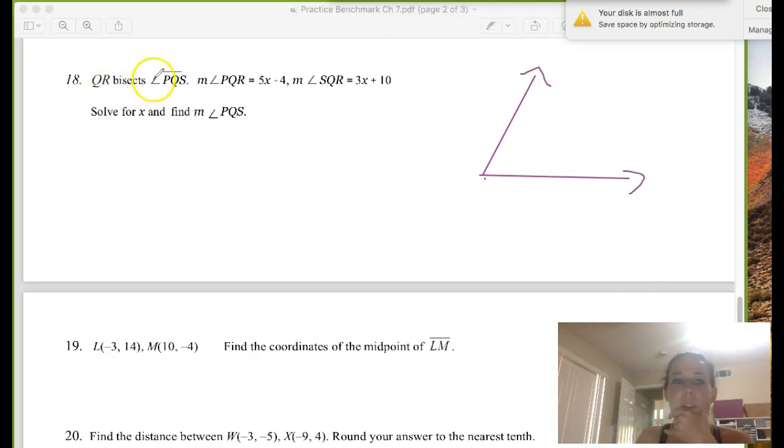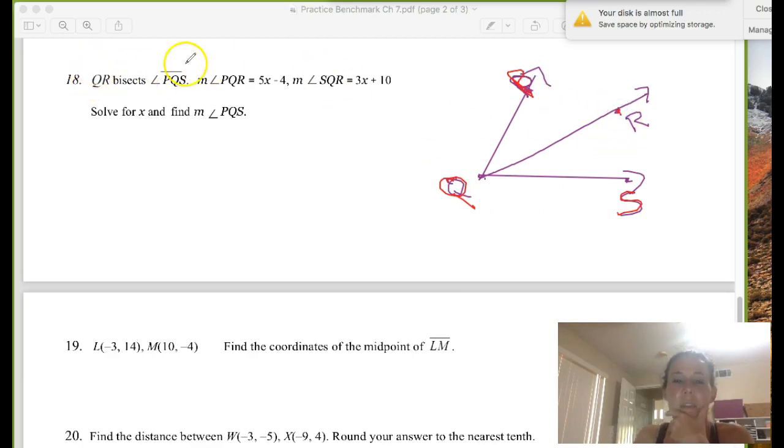And we're told that QR bisects PQS, we'll call this PQ, S. Okay, and then we'll call this QR. We'll put an R right here, and that is QR. So that is P. Maybe I should do that in red so it's a little easier to see. P, S, and Q. That is really ugly writing.